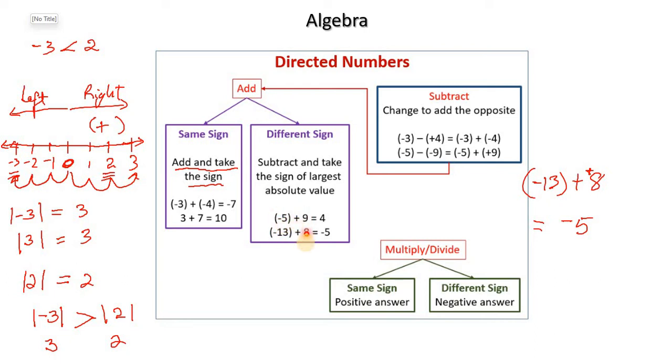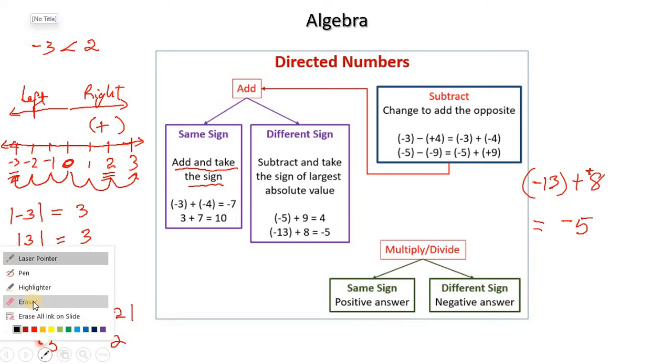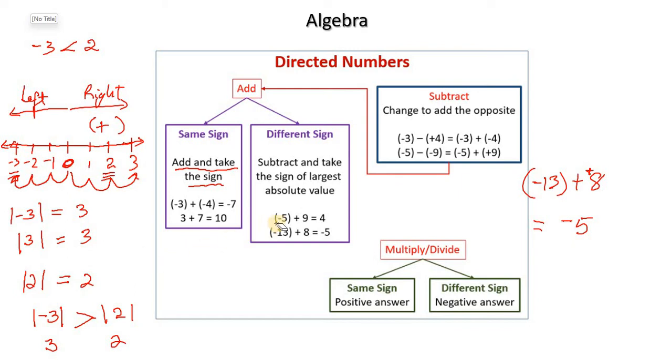So which one has a larger absolute value, the -5 or the 9? When you get accustomed to it, it becomes easy for you to figure out which one you keep. 9, because 9 is further away from 0.